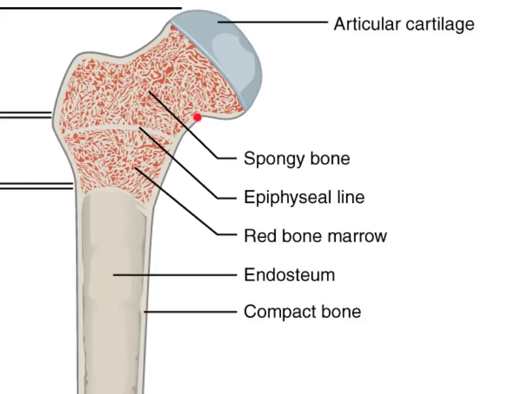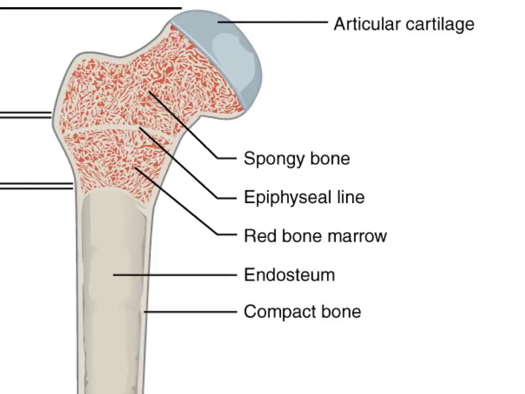But we have some compact bone tissue at the periphery as well, just to give it more strength. The end of the long bone is covered with hyaline cartilage, a layer we call the articular cartilage.